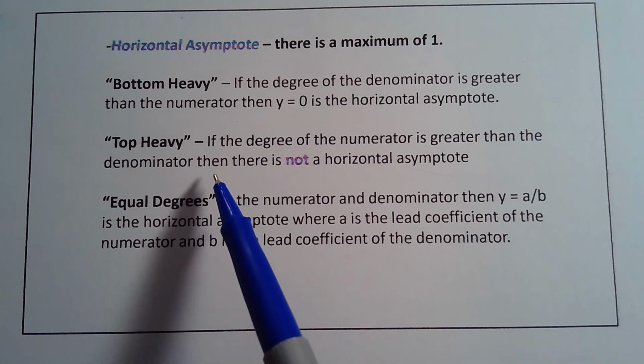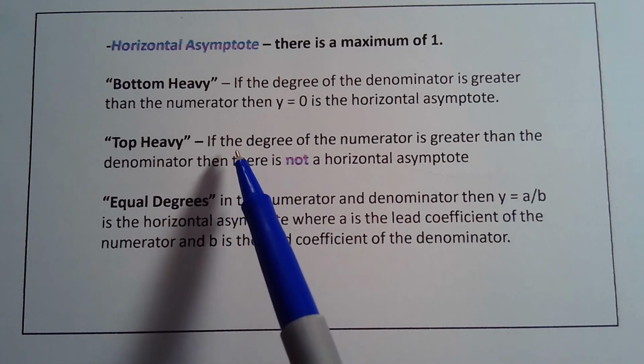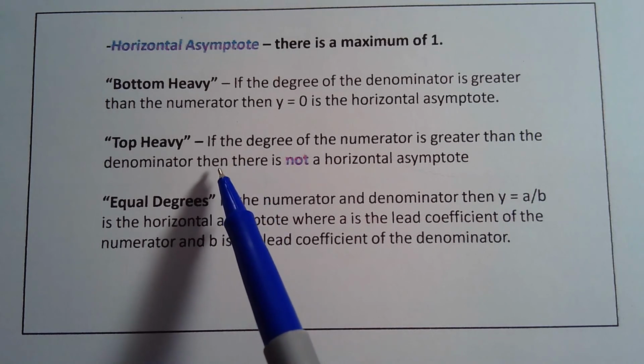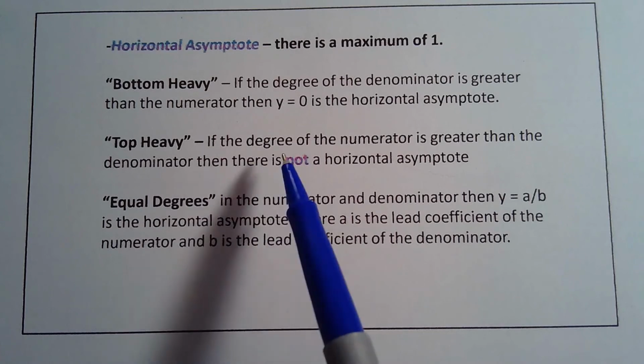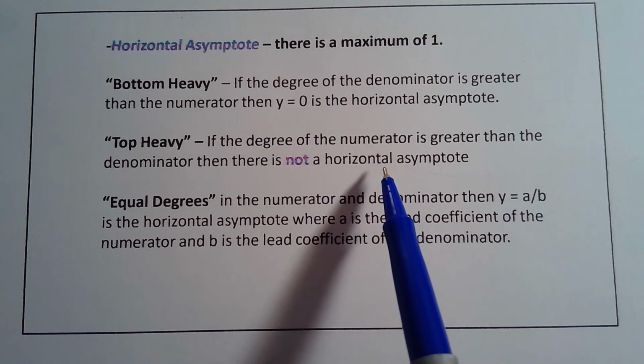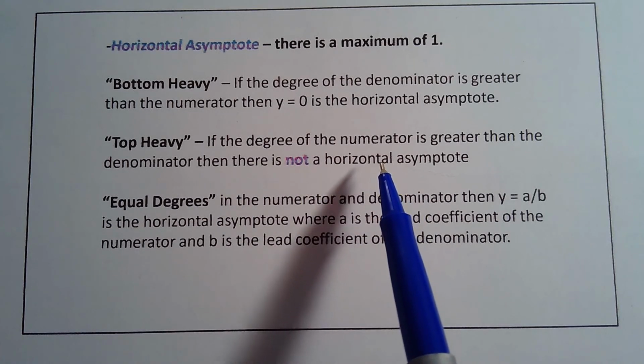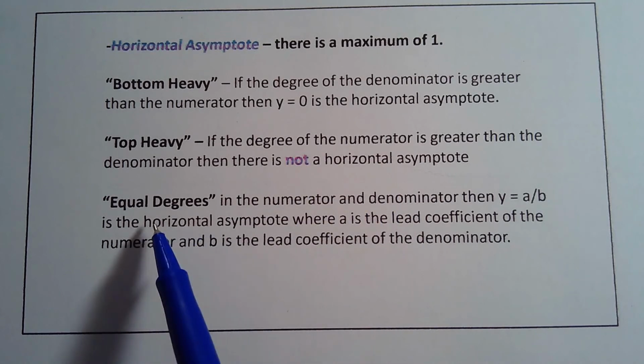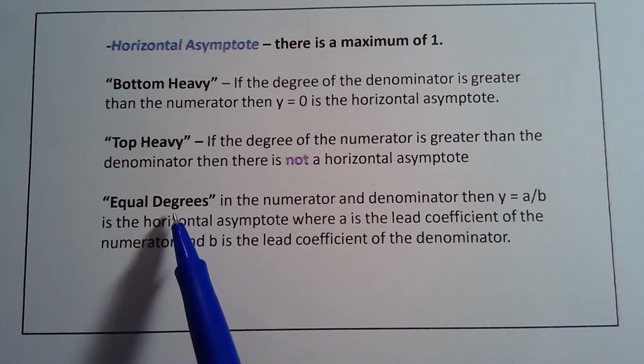Top heavy, just the opposite, so the degree of the numerator is more than the denominator, so there's more binomials up top than there is downstairs, then there isn't a horizontal asymptote. And then the weirdest one, I think, is when equal degrees. So let's say both were quadratics, top and bottom.